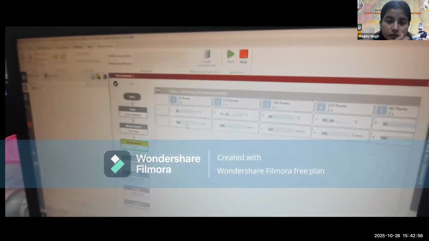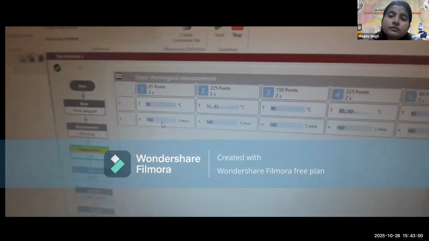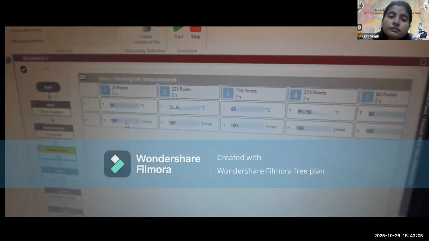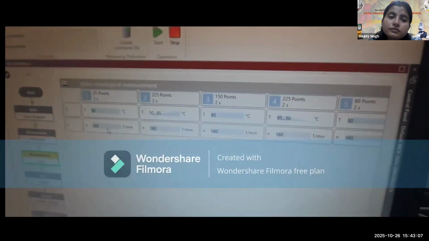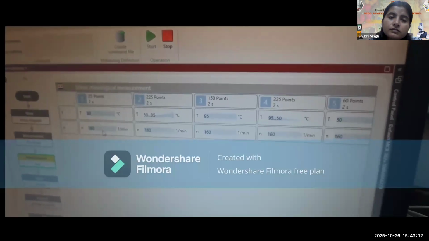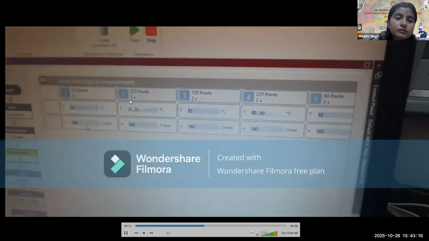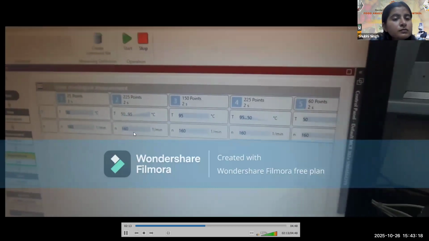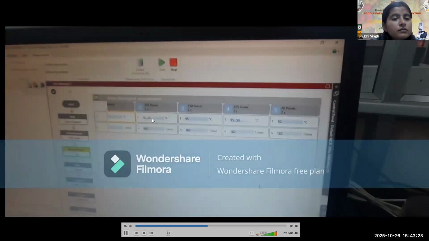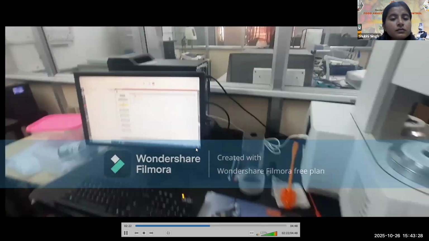The whole process has been divided into 5 slabs. First slab is the pre-shear process, which is set at 50 degrees Celsius for 160 rpm. The second process is divided for the temperature range of 50 to 95 degrees Celsius, where the temperature is increased from 50 to 95 degrees Celsius for 160 rpm for 450 seconds.